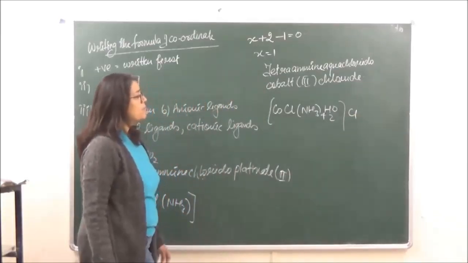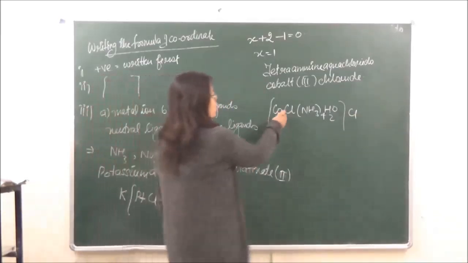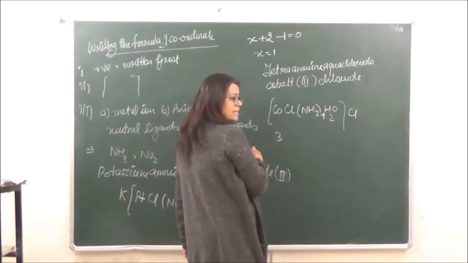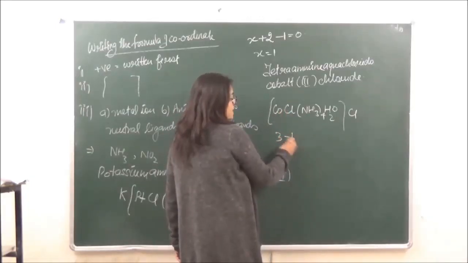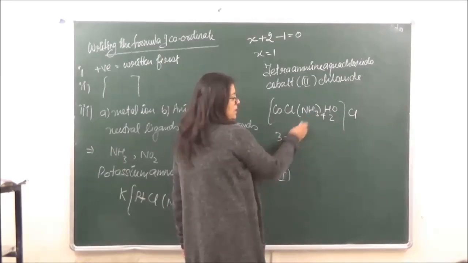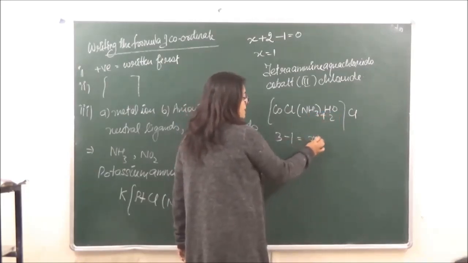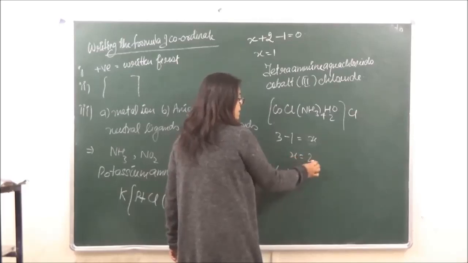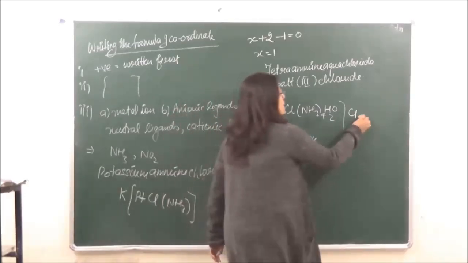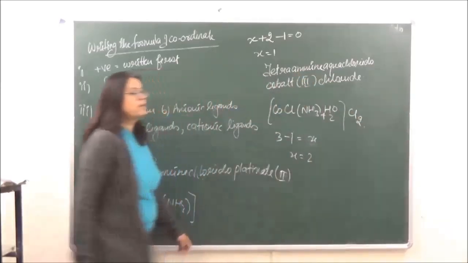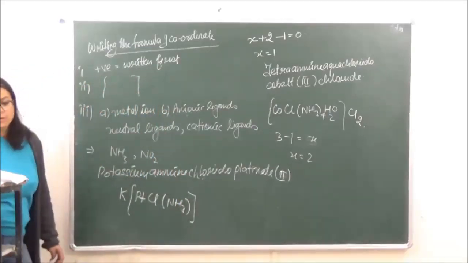Again we'll find out how many counter ions are present. The oxidation state of this is given as 3, minus 1. This is neutral, this is also neutral, that is equal to x. So what is x over here? 2. So the counter ion present is going to be equal to 2. ठीक है?